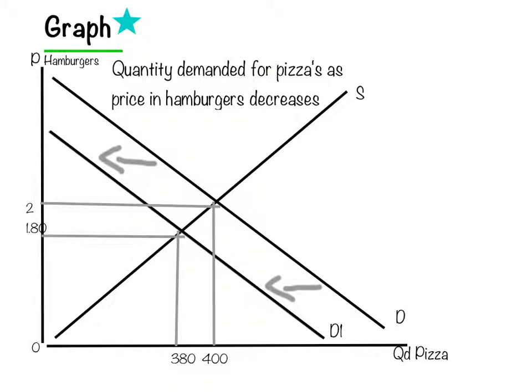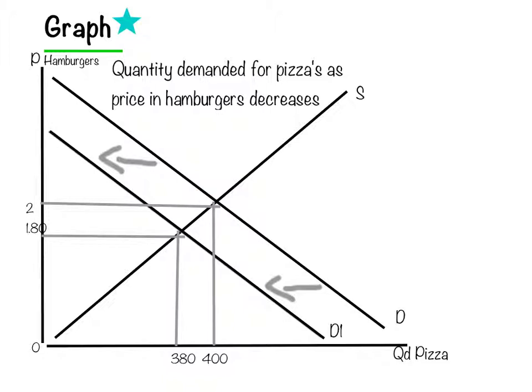As you can see here, our y-axis is the price of hamburgers and our x-axis is the quantity demanded of pizza. We have our original demand curve labeled D and our original supply curve labeled S. We start off with a quantity demanded of 400 when the price of hamburgers is 2, which leads to this equilibrium point here.